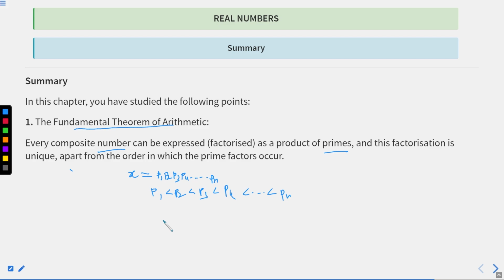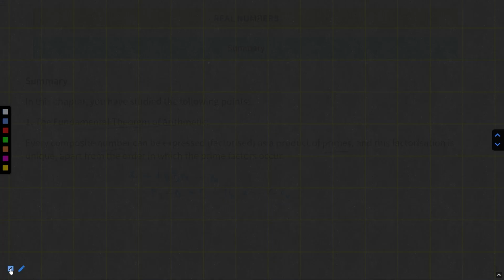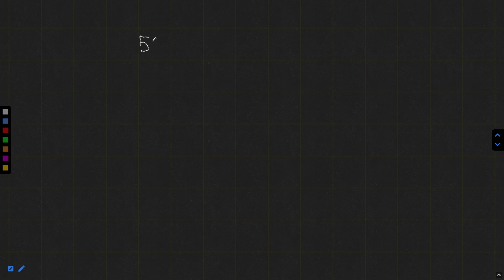For example, take a composite number, suppose 50. 50 is a composite number since it has divisors 1, 2, 5, 10, 25, 50, other than 1 and itself.